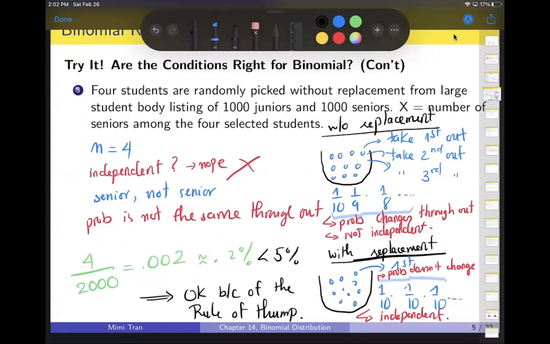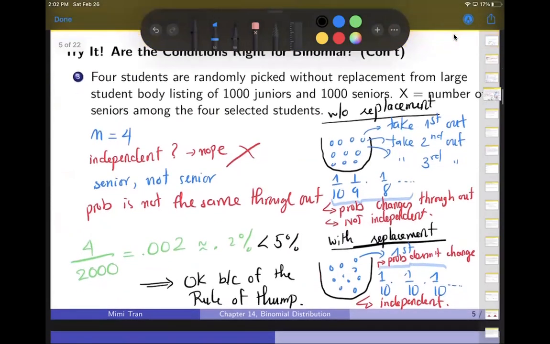Okay, so even though we have 2 out of 4 conditions that do not satisfy, because the population size is so large, 2,000 versus 4 for the sample size, it is okay to say that this problem has a binomial distribution.